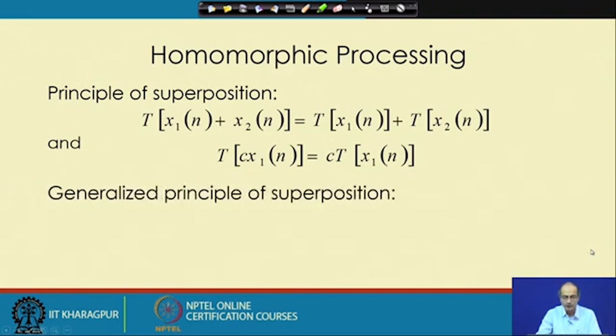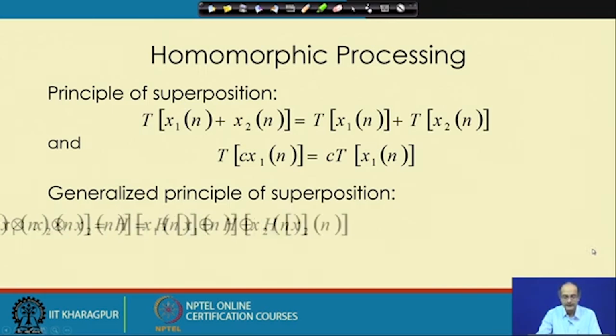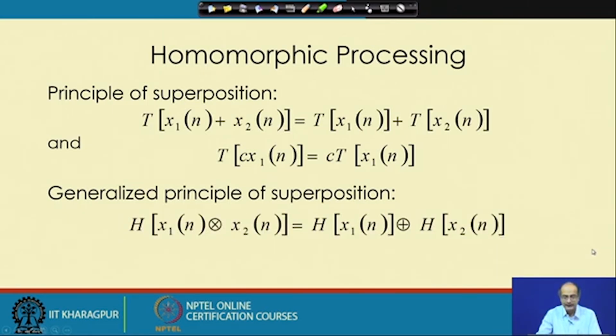So, now let us look at the generalized principle of superposition. In this case, the same kind of rule is defined when we take the two inputs x 1 and x 2. The only change, the generalization, is that in the input domain we have an algebraic operator, cross, that was defined.